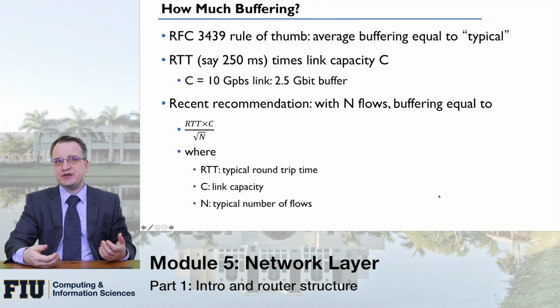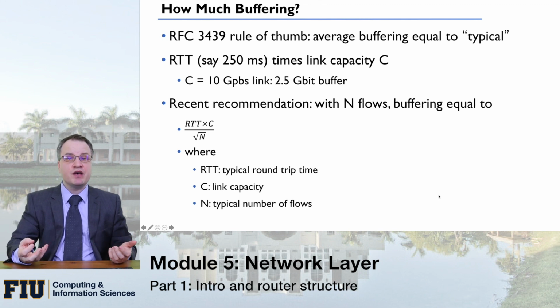With these considerations, you would get RTT multiplied by the link capacity divided by the square root of the number of flows. This is a rule of thumb number that is usually used in network routers when they decide how much memory to allocate for the output queues.